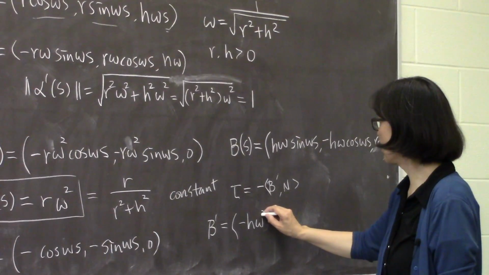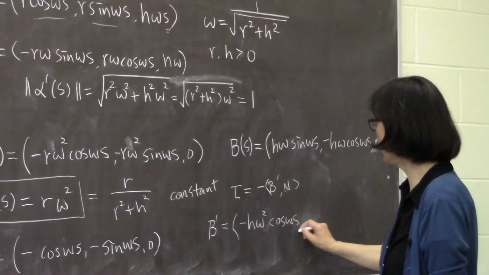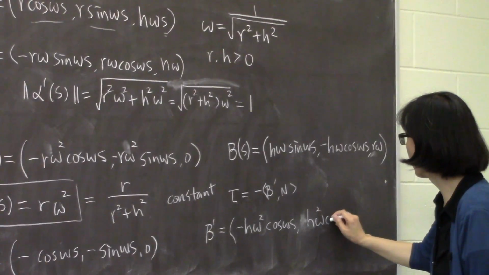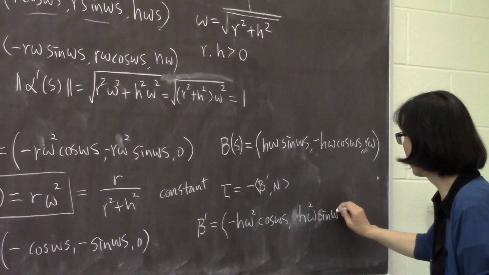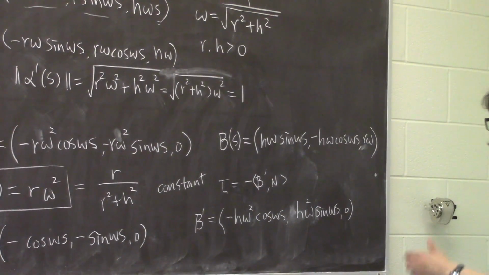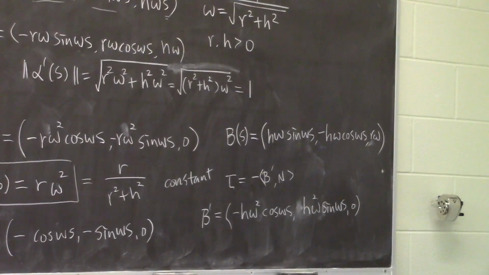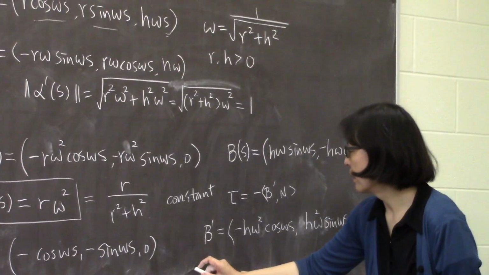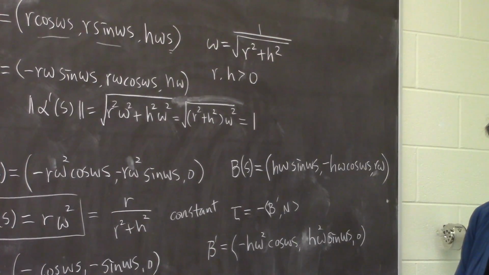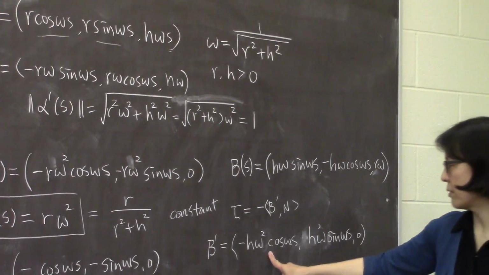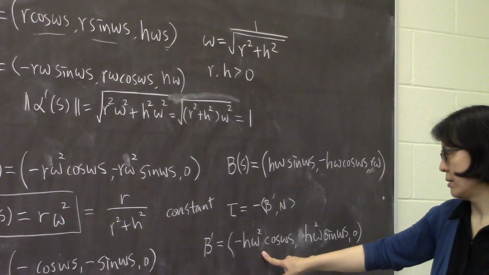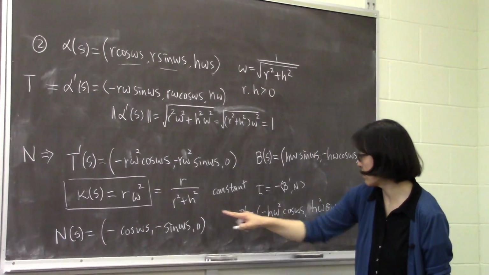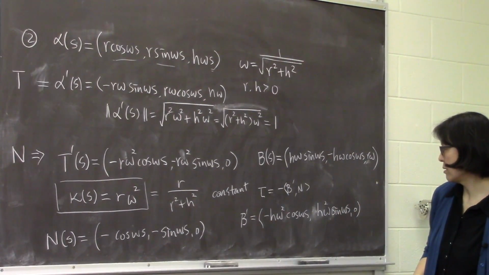Minus H squared cosine omega squared, and 0. And the dot product of this with N. So if you take the dot product, shouldn't that be positive? Minus is a what? Plus?